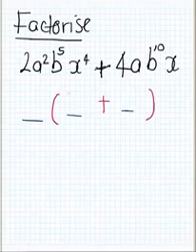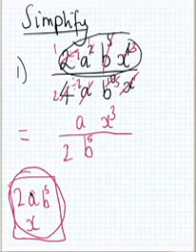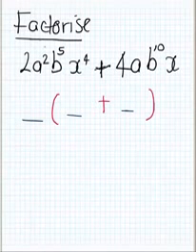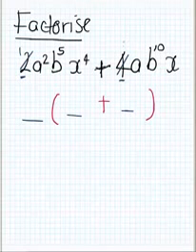All right, so to fill in these spaces, let's just do the exact same thing that we did before. If you remember, in this box, I put the highest factors that I took out. And you'll notice this will be visible on the outside of the brackets. So I've got a 2 on this side and a 4 on this side. So once again, what's the highest factor of 2 and 4? Well, we know it's 2. 2 divided by 2 is 1, and 4 divided by 2 is 2.